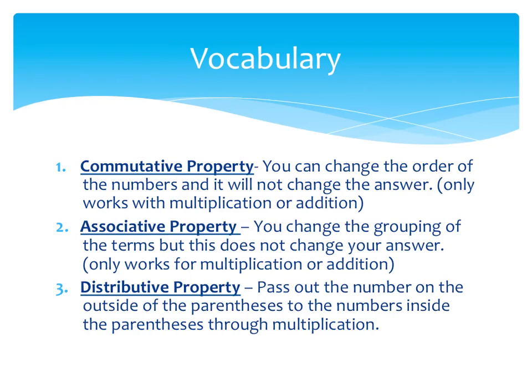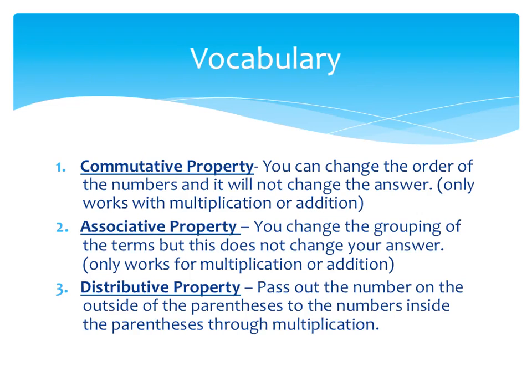Okay, the commutative property lets us change the order of numbers so that it will not change the answer. This only works with addition or subtraction. So, for example, if I had 5 plus 2, I'll get 7. But if I also had 2 plus 5, I would also get 7. That's using the commutative property.